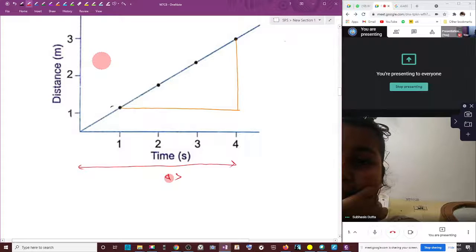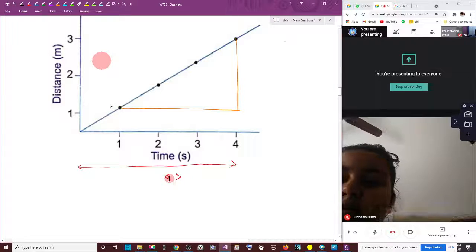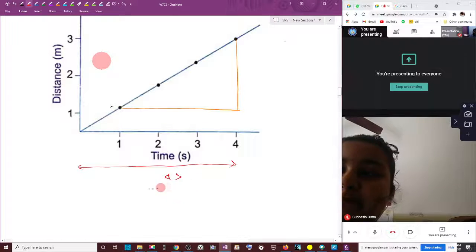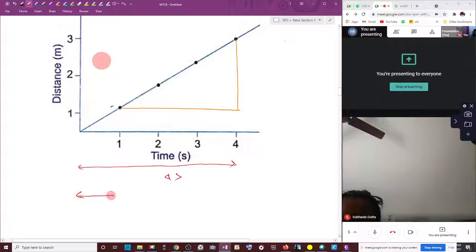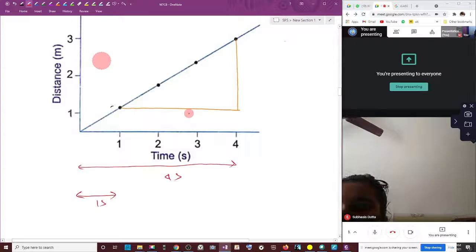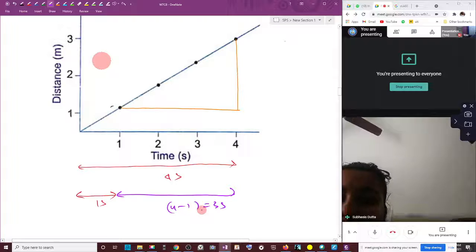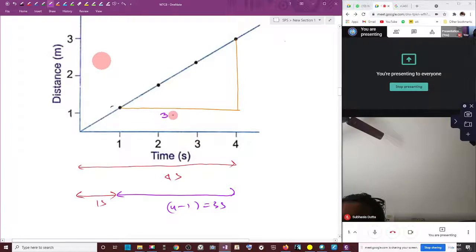Somona, is that right? Yes, sir. Okay, now what is the time from this place to this place? Is it 1 second? Okay, then can you tell me what will be the in between time? This will be 4 minus 1, that is 3 seconds, right? Yes, sir. Okay, so this time is 3 seconds.